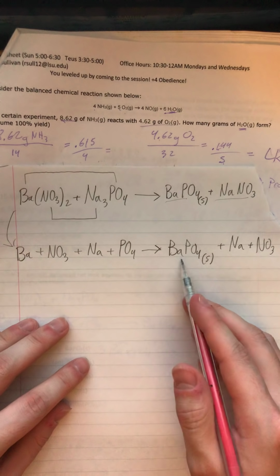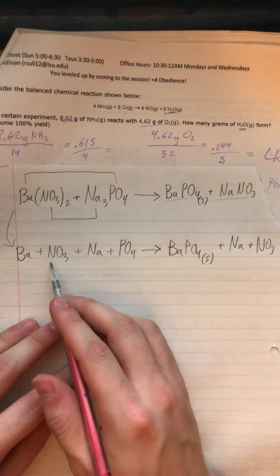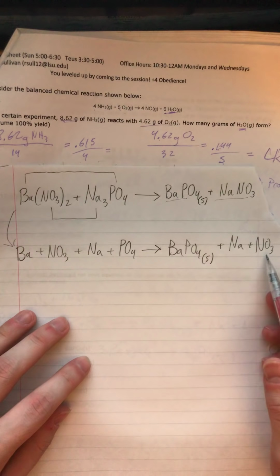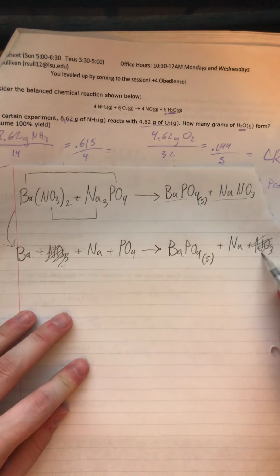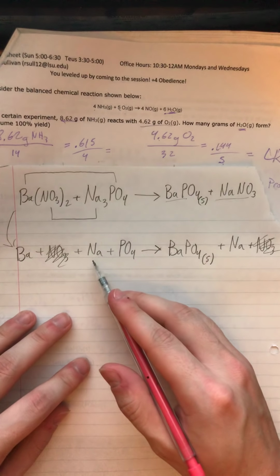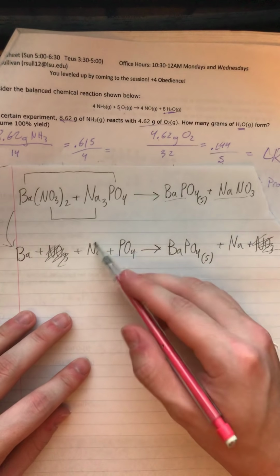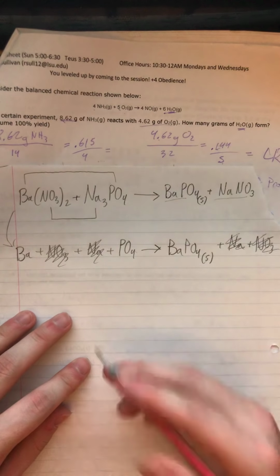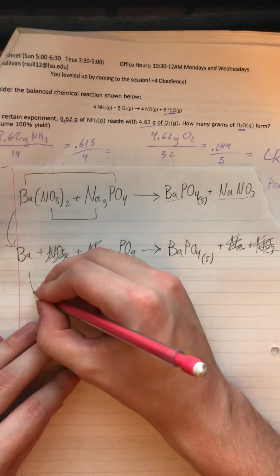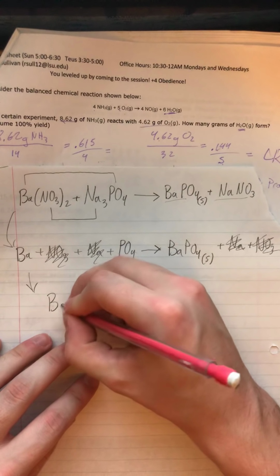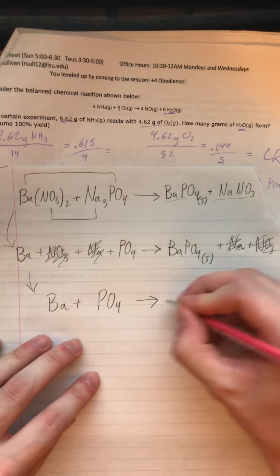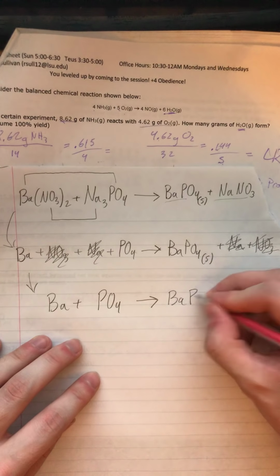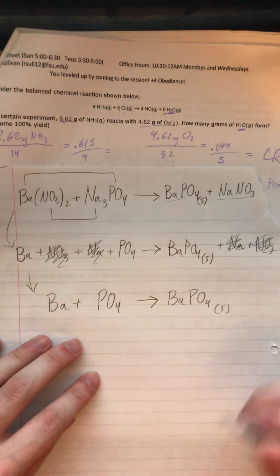So Ba becomes a whole new thing, so I'm going to keep Ba, but NO3 just comes out as NO3 at the end, so I don't need that. Scratch that out. Same thing with Na, it just becomes Na again, so I don't need it. Okay, so then rewrite this as Ba plus PO4 going to BaPO4 solid.